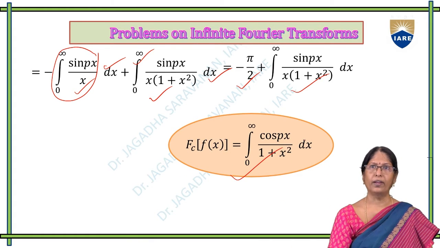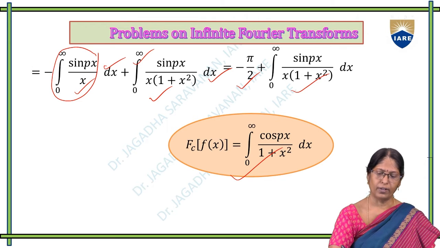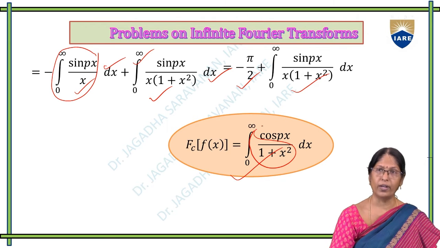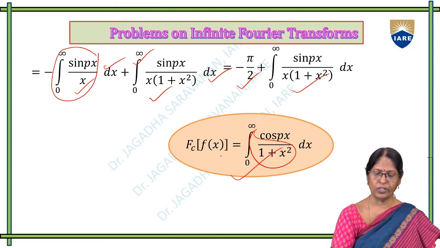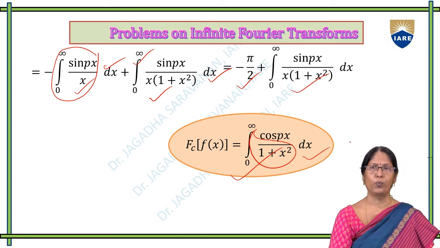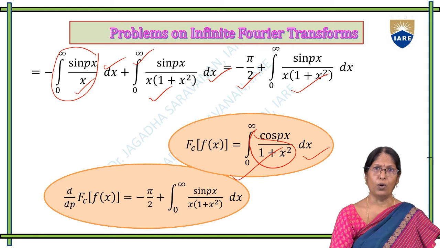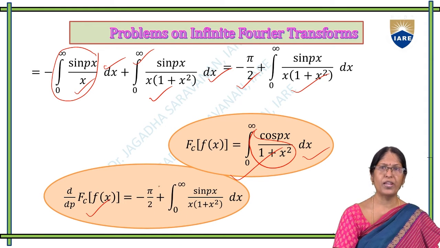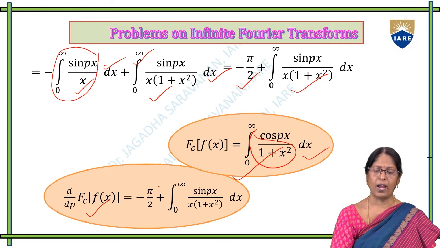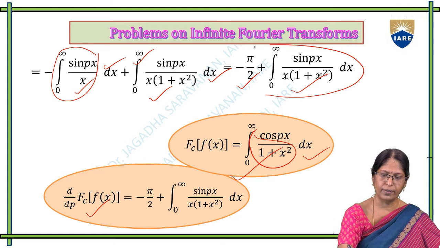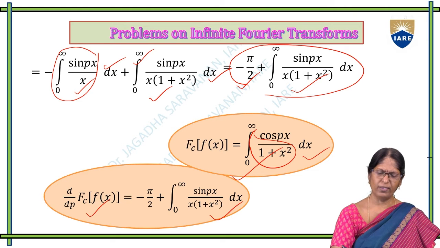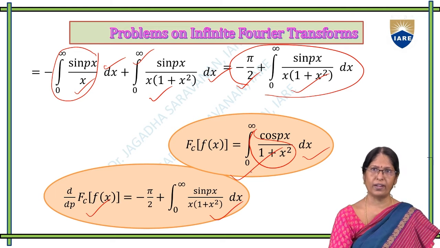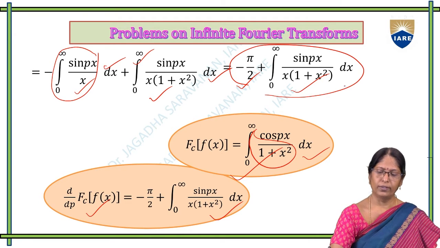This is only our question, that is our f of x is this one. Fourier cosine of the function f of x, that only we are concentrating now. Now, we did the differentiation with respect to p and we got this result. Here we put it once again. Why these steps once again we are recollecting? The reason is we are going to do this.